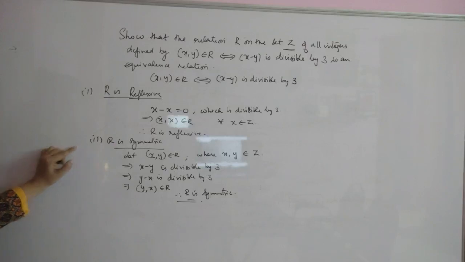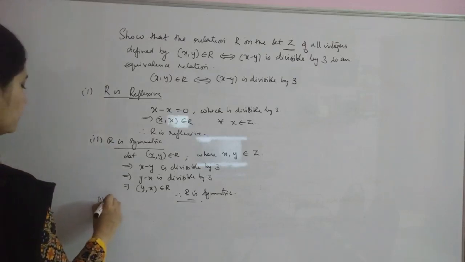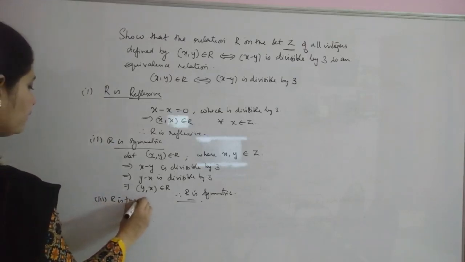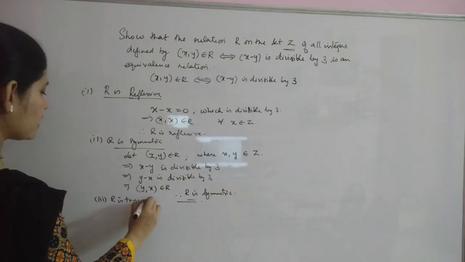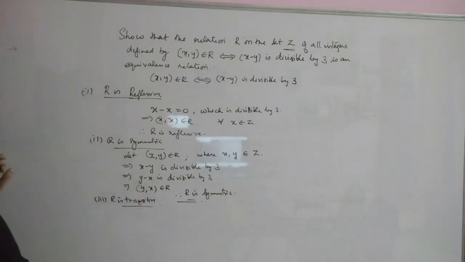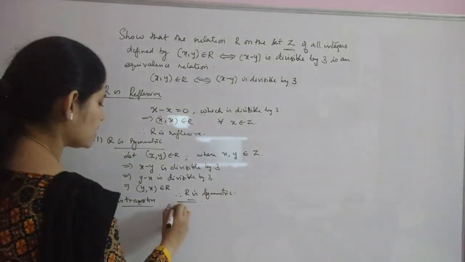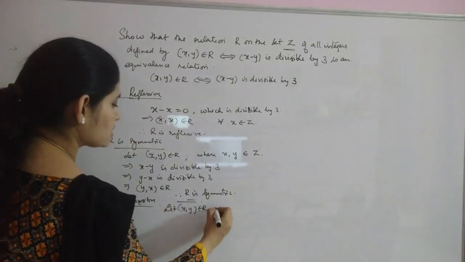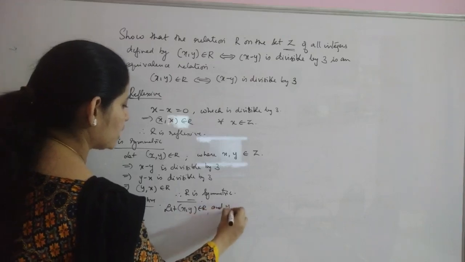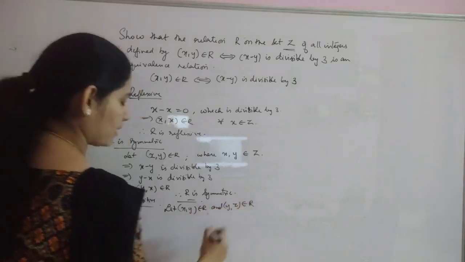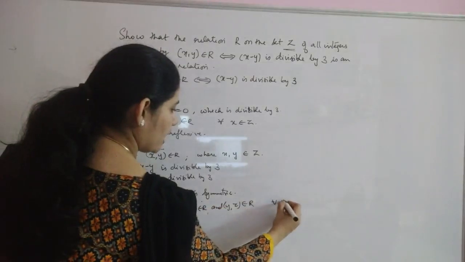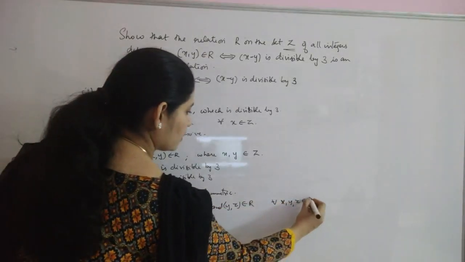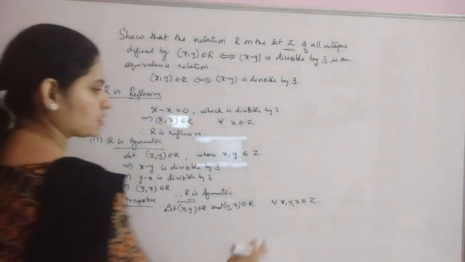Now the third one is transitivity. For that we have to take two pairs, that is let x comma y belongs to R and y comma z belongs to R, for all x, y, z belongs to capital Z. Okay, this is small z.